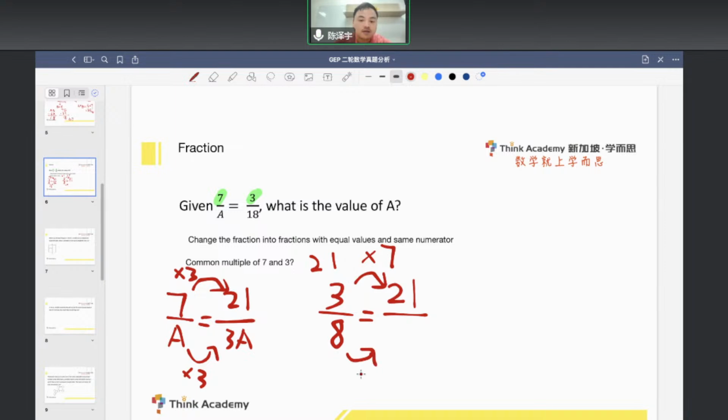The denominator also needs to times 7, which is 7 times 18. 7 times 18 equals 126.